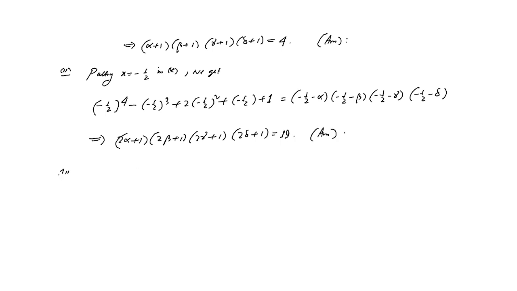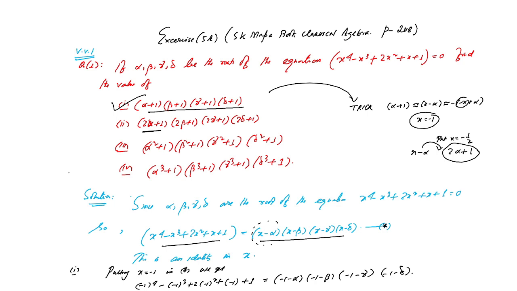Okay, next 3. The trick here is to see how alpha square plus 1 will occur. So from x minus alpha, how will alpha square plus 1 occur? You just think about, okay, 2 alpha plus 1 equals to 0. That means you need to put x equals minus half.